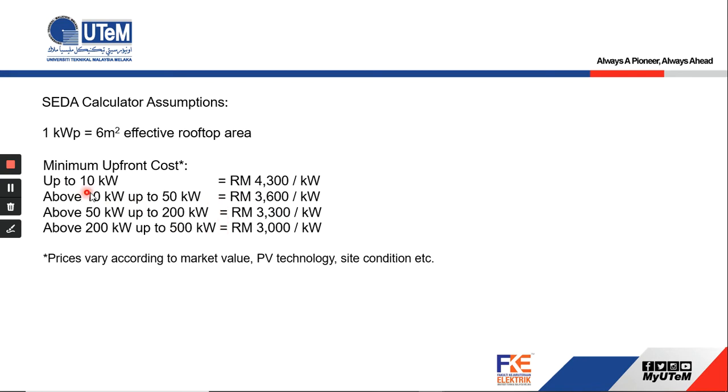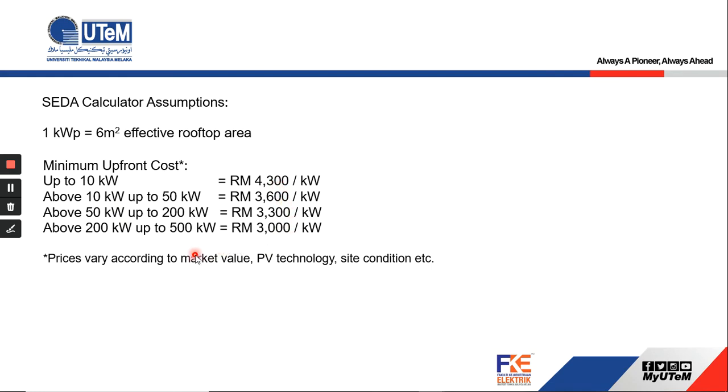And the minimum upfront cost is based on the following values. Up to 10 kilowatts capacity, the charge will be 4,300 per kilowatt. This includes the charge for the module, the inverter, the cables, protective devices, and so on. As the capacity goes higher, the price starts to drop.